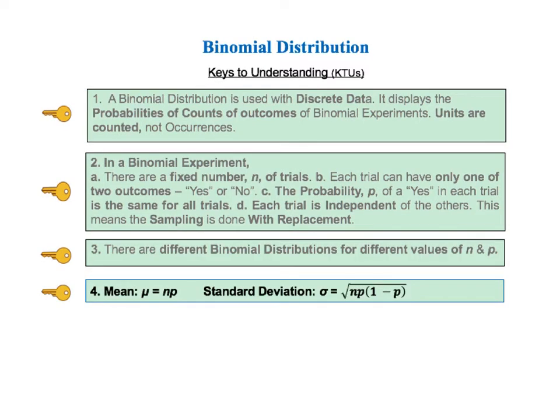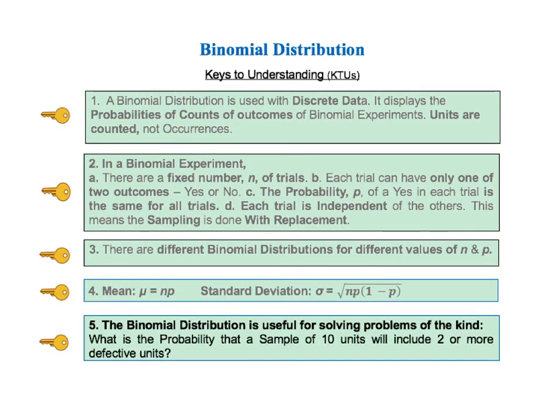The fourth key provides formulas for the mean and the standard deviation of a binomial distribution. The fifth KTU says, the binomial distribution is useful for solving problems of the kind, what is the probability that a sample of 10 units will include 2 or more defective units?